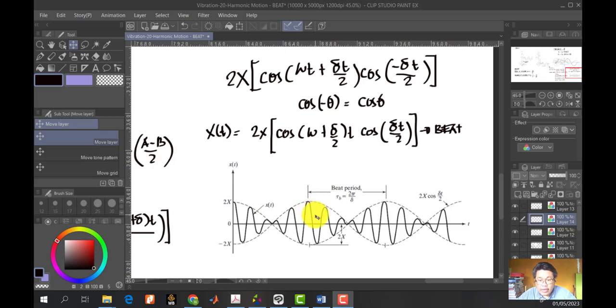And the frequency at which the amplitude builds up and dies between 0 and 2x and 0 and negative 2x is known as the beat frequency. So we have here the beat period, which is defined by 2 pi divided by lambda. And 2x would be the amplitude of this one.